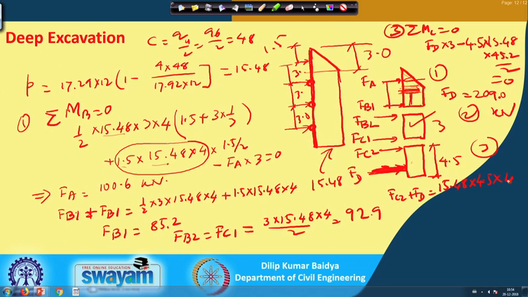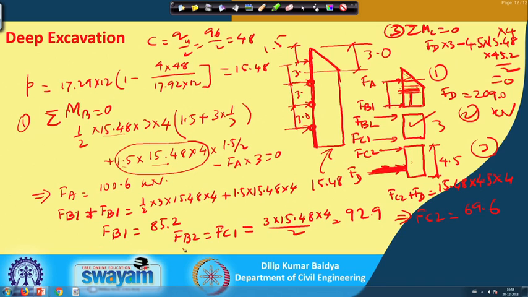Okay. Here there will be a 4, it has to be multiplied by 4 also. So, if you do this, we will get F C 2 equal to 69.6.